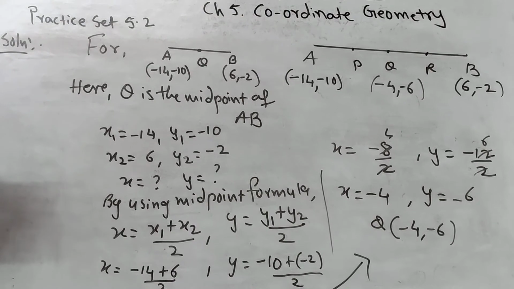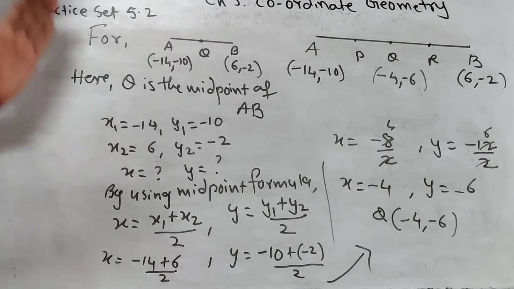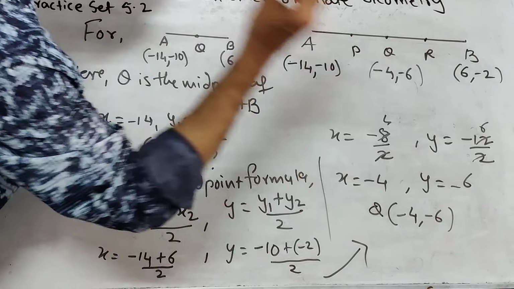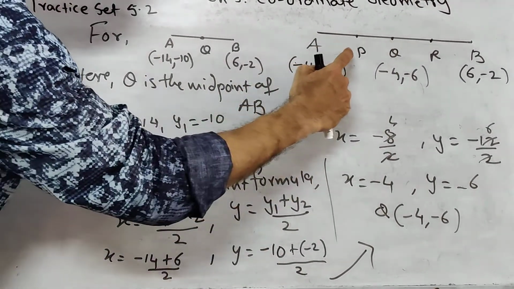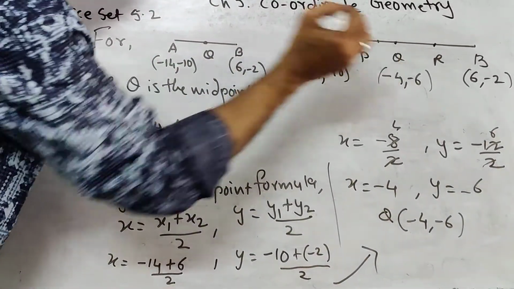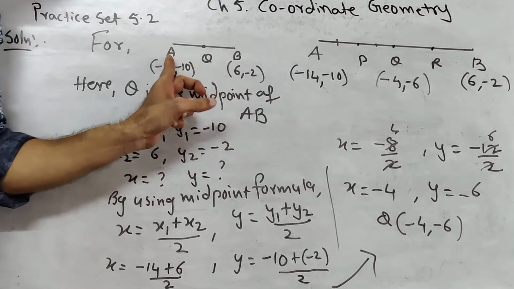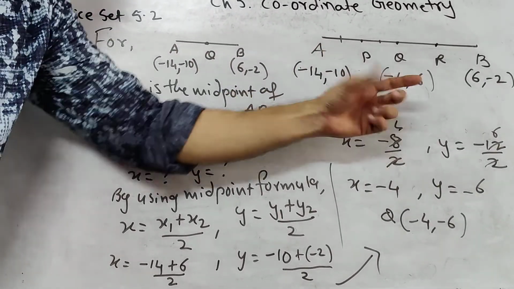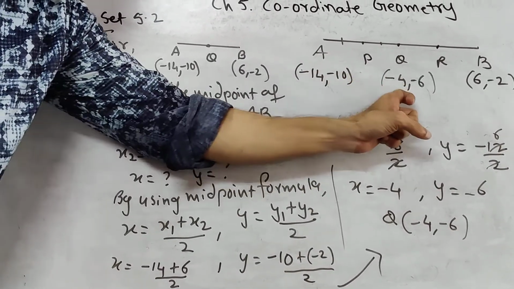So very easily you are getting the Q coordinate with the help of the midpoint formula. My dear students, all of you know this midpoint formula very well. So we got Q. Now after getting Q you want P. Again P is the midpoint of AQ, so we take A', P', Q. This will be x1, this will be y1, this will be x2, this will be y2.